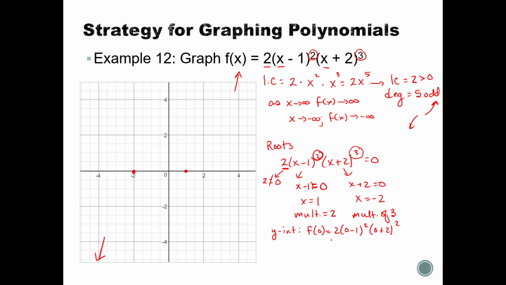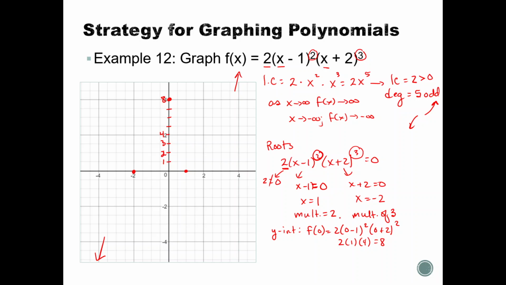So that's going to give me 2 times 1 times 4, which is 8. So let's go and count 1, 2. Actually, let's make our scale a little bit smaller. 1, 2, 3, 4, 5, 6, 7, 8. Okay.